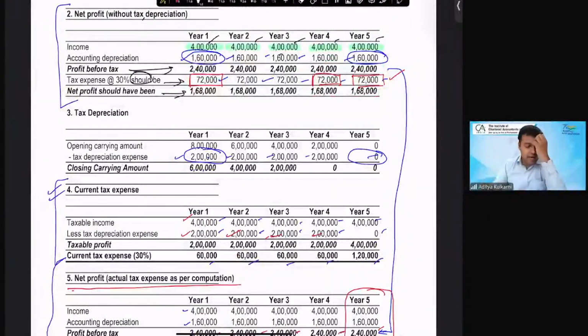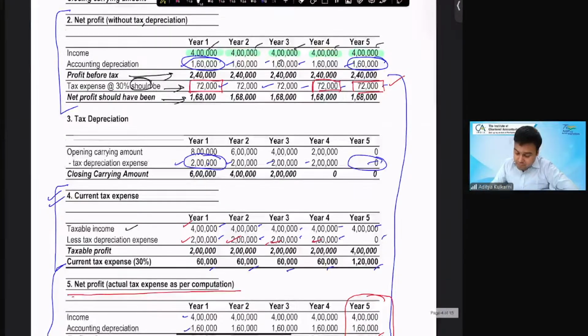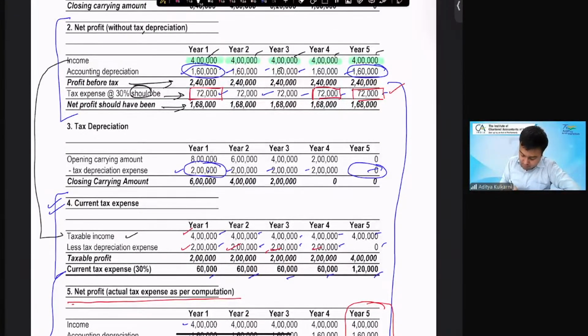So now when I look at my current tax expense, I will start with taxable income, that is 4 lakhs each year. Next, tax depreciation expense is 2 lakhs each year because you are depreciating on a straight line basis over 4 years.